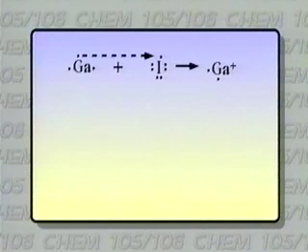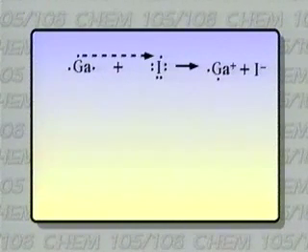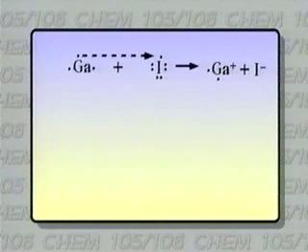And we would produce an I minus ion, which now has 8. So that I minus is already like a noble gas. It's not going to take on any additional electrons. The gallium, which still has 2 electrons, hasn't become like a noble gas yet, so it may be wanting to get rid of those.